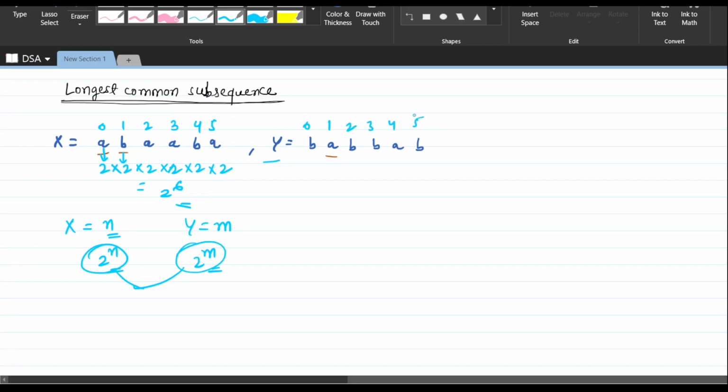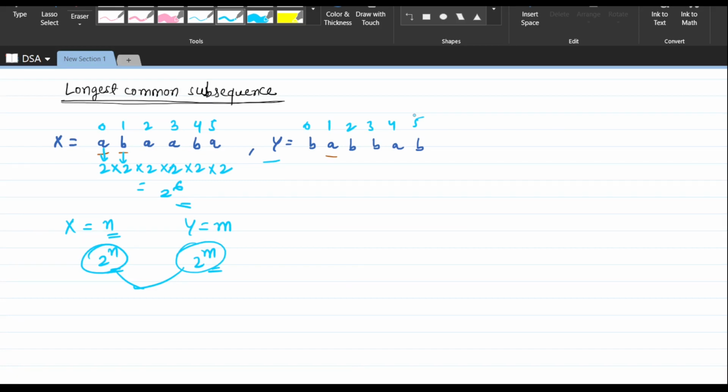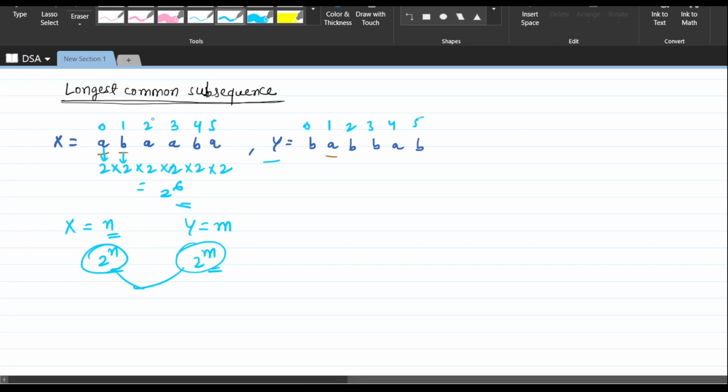Before coding the problem, we first try to find the changing parameter in this problem. We want the longest length of the common subsequence, so we will iterate over the whole string.